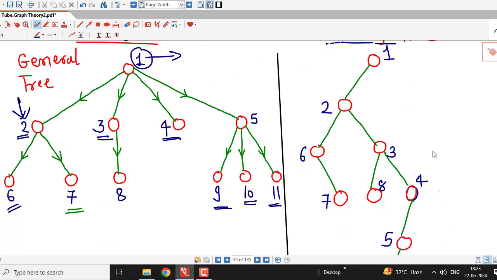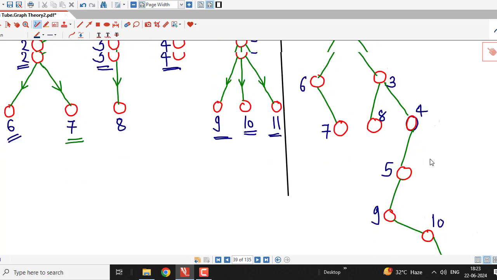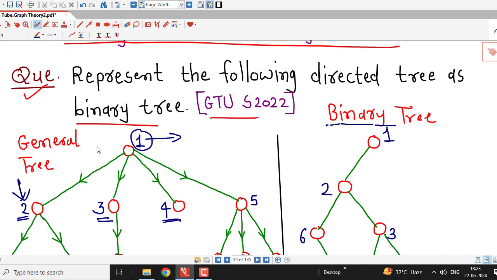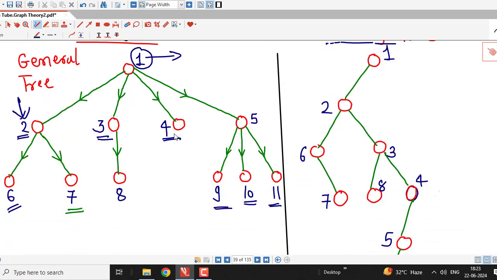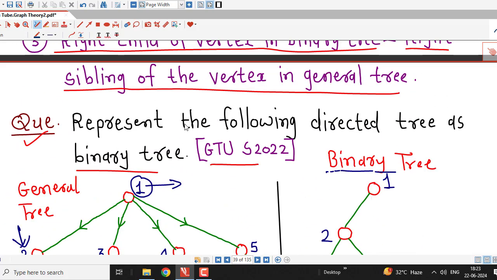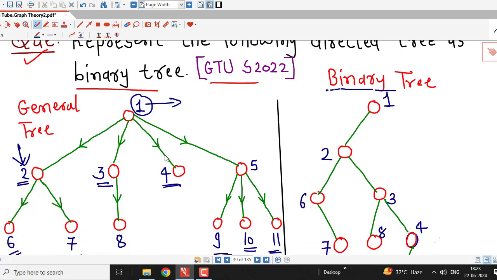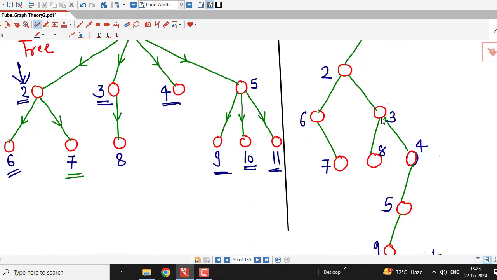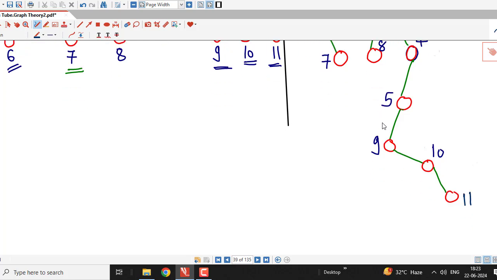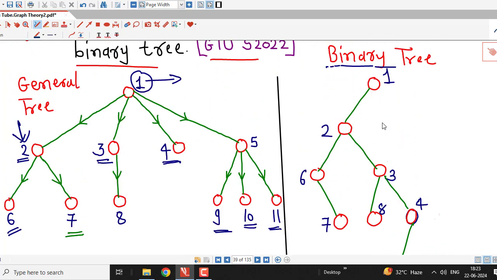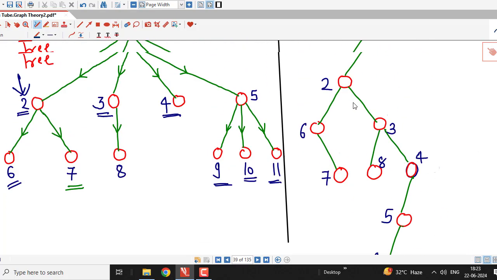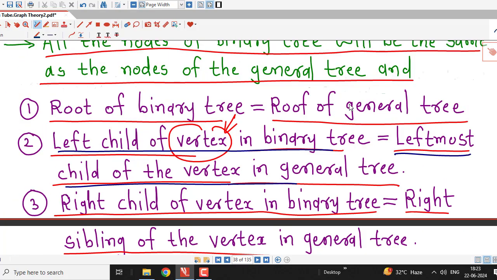Therefore this is the binary tree for this graph or this general tree which is given to us, and we have represented this directed general tree as a binary tree, and it is very easy to represent this type of general tree as a binary tree, and all we have to remember is that root of binary tree is same as root of general tree.